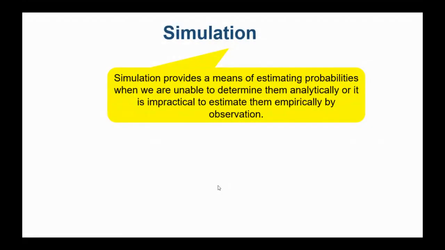And it wouldn't be practical to sit there and do it over 20 years to see if these couples actually kept having kids until they got a boy, and if that changed the population. So that's where simulation comes in.